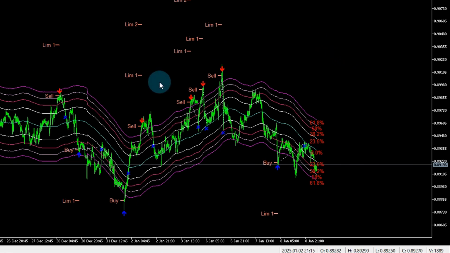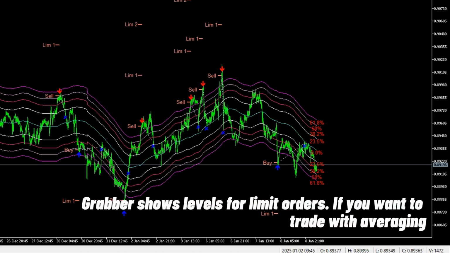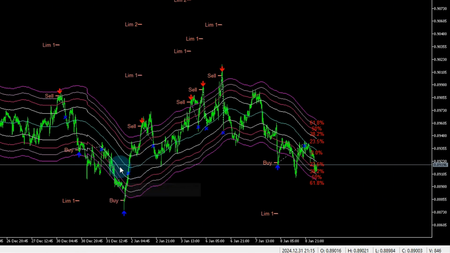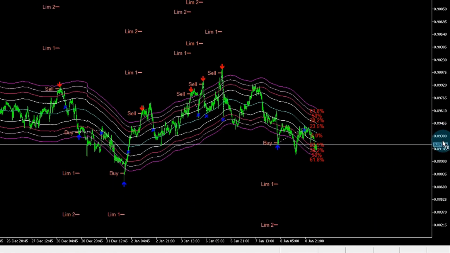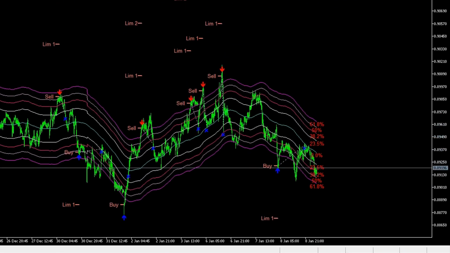I also wanted to show you that Grabber also gives us levels where we can set limit orders so that if the price suddenly shoots up and goes against our trade, we can average out if we want. We can set limit orders here. In this way, we can take even more profit if the price does not follow our scenario.